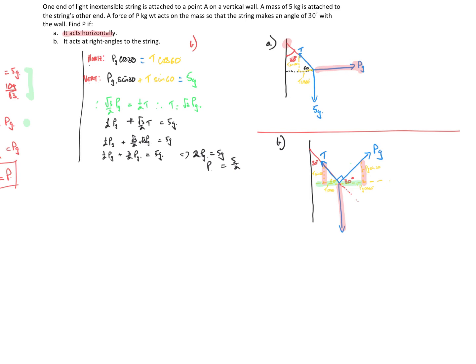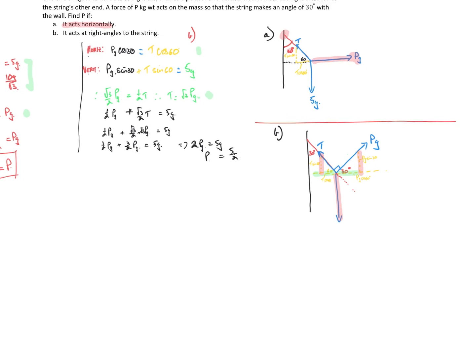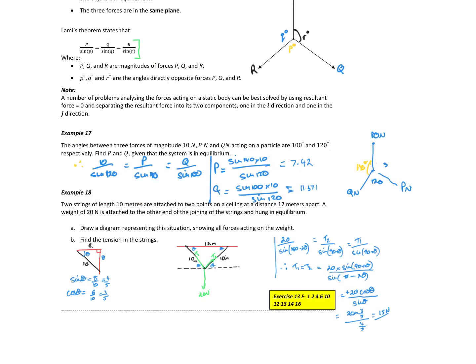Once we've got those two equations, from equation 1 we get root 3 on 2 P G equals a half T, so T is equal to root 3 P G. Substitute that into the vertical equation, resolve and group terms together, and P is going to be equal to 5 on 2. Once we get our equations, it's then just solving the algebra.